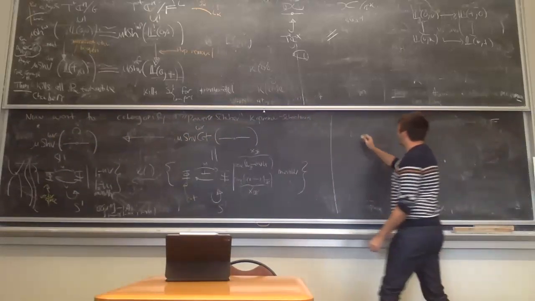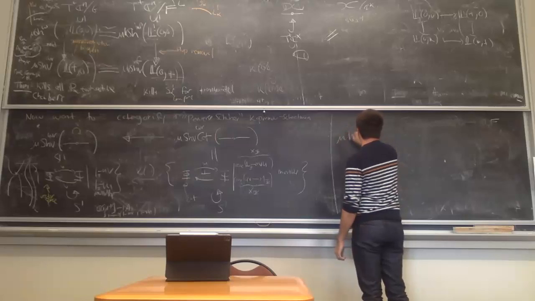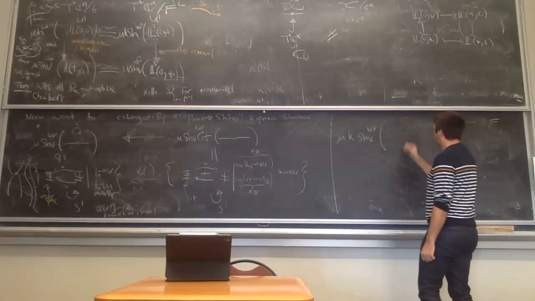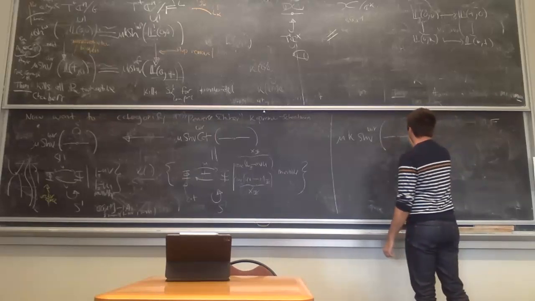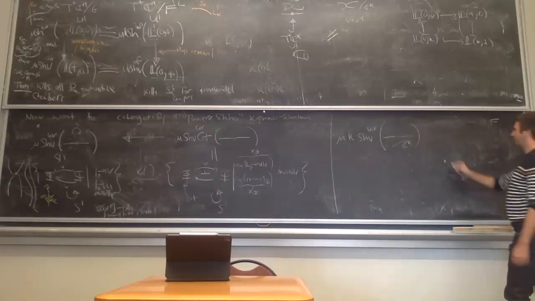And then the other side of the primitive equivalence was the following. I had these mu sheaves, K-theoretic mu sheaves, that are on this same skeleton, like mod C star. And now I need to tell you how to lift those.